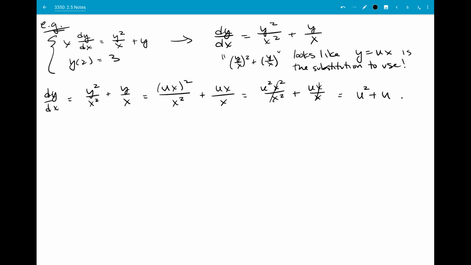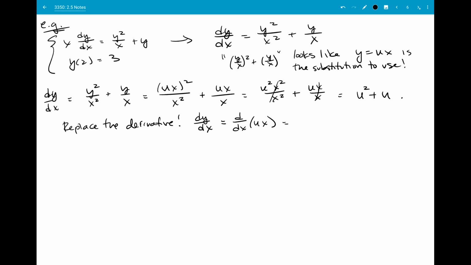And then, same as before, I have to make sure to replace my derivative. I'm actually going to write that, because it's very important, and I feel like it's the thing that people forget to do. So dy/dx can't have y's in it because I got rid of y. I want it to be in terms of u's, so I plug in u and take my derivative.